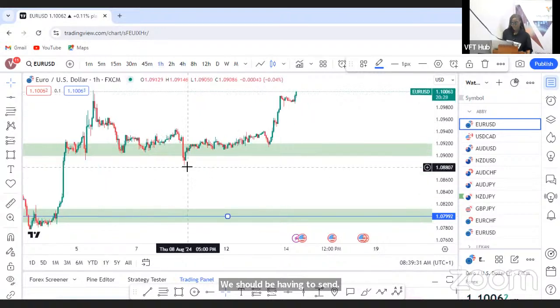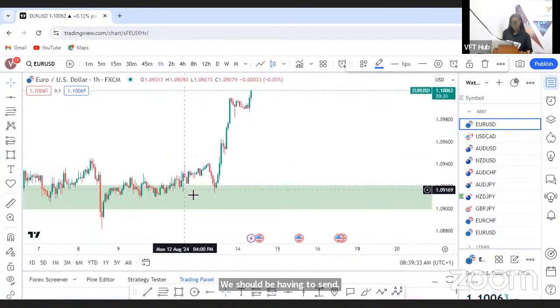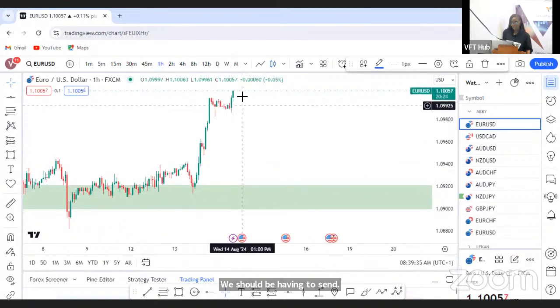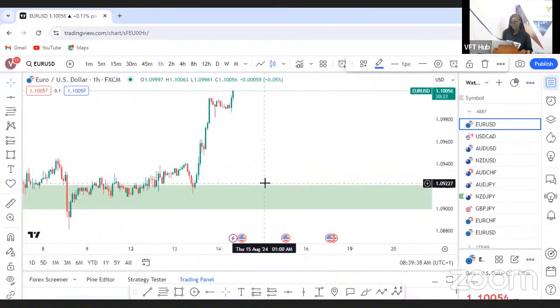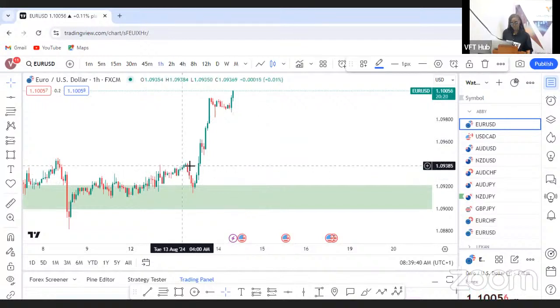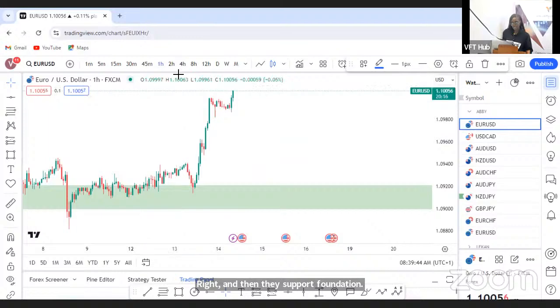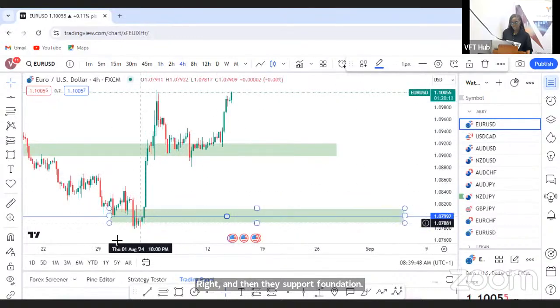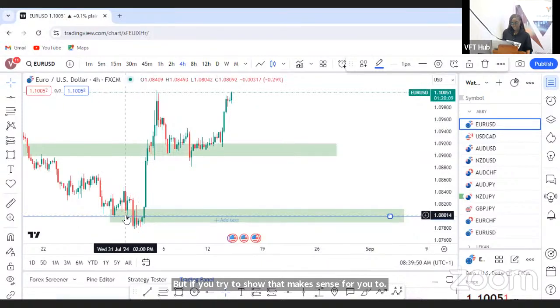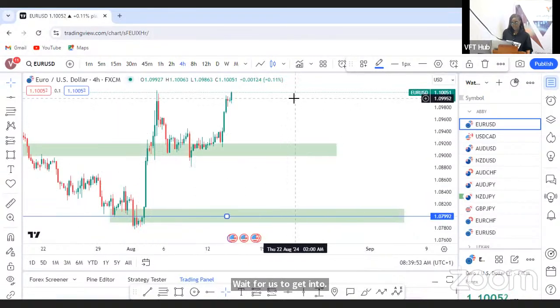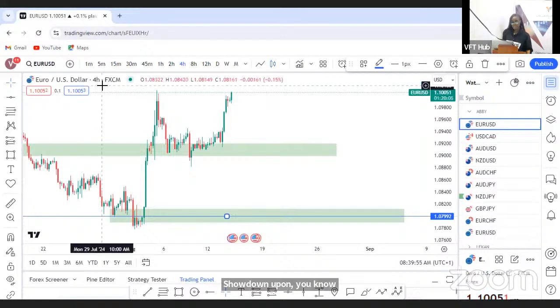But for my own entry signature, I'll just be looking out for a retracement and then a base support formation, and then I'll be taking it. But if you trade the shoulder, it makes sense for you to wait for price to get into this shoulder on a higher time frame before taking the buy or sell.